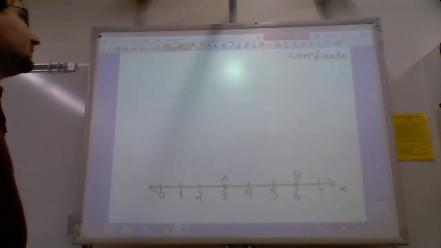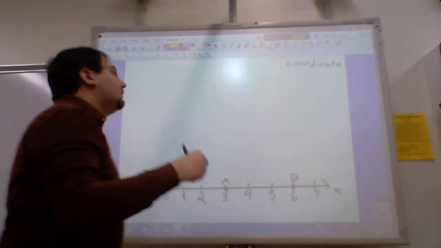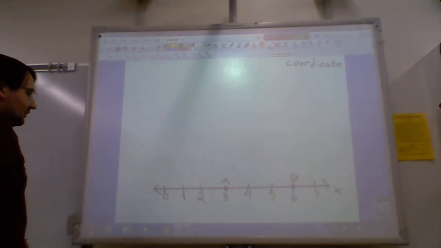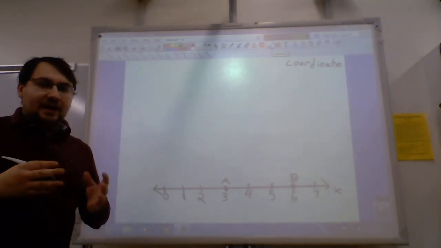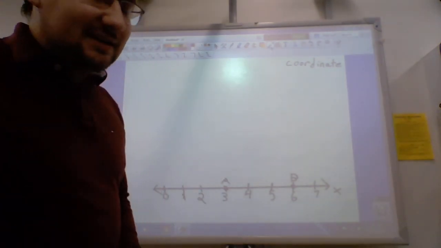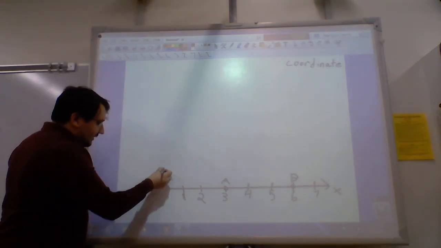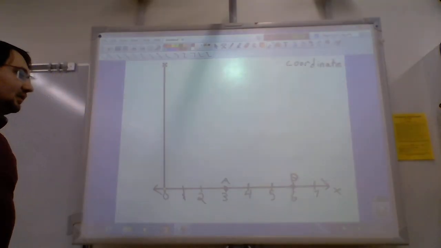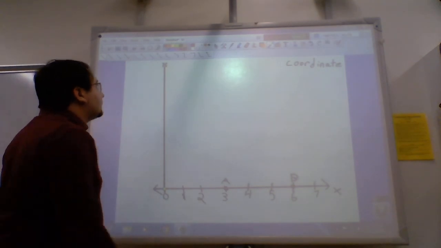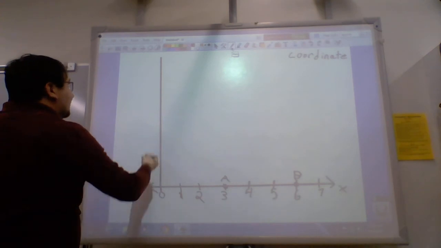But what if, hear me out here, what if our number lines intersected with each other? What if we had two perpendicular number lines, and they meet up at our origin here, 0? What if we had two number lines that meet up at the same point?